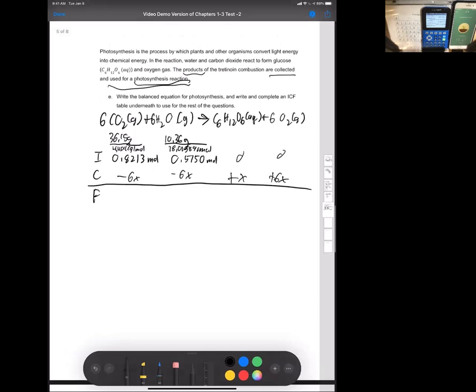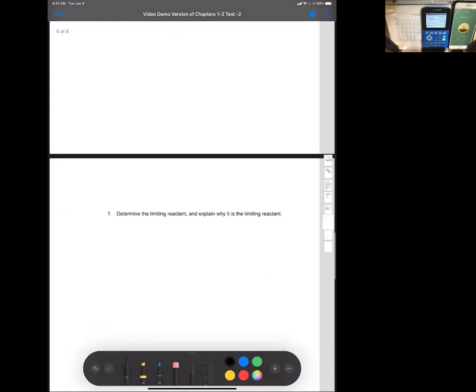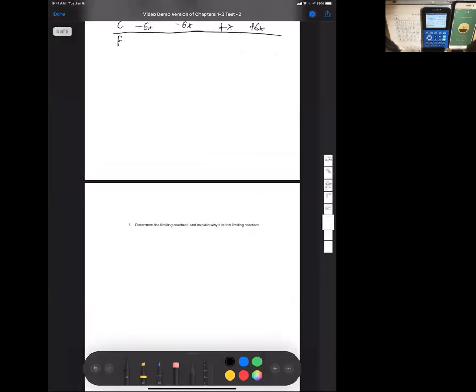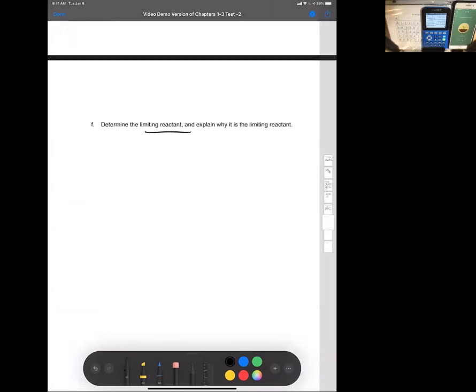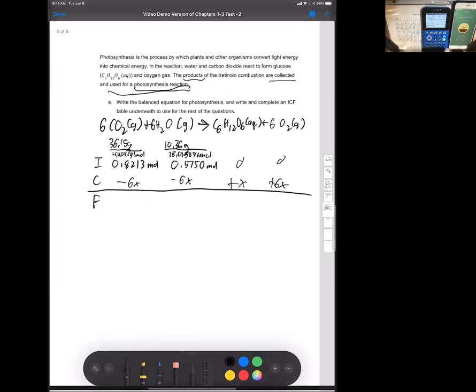And so now we need to figure out the limiting reactant. Okay, actually, it's already asking us what the LR is. Remember, the LR is defined by the lowest mole over coefficient ratio. So we're going to find the LR of this real quick.